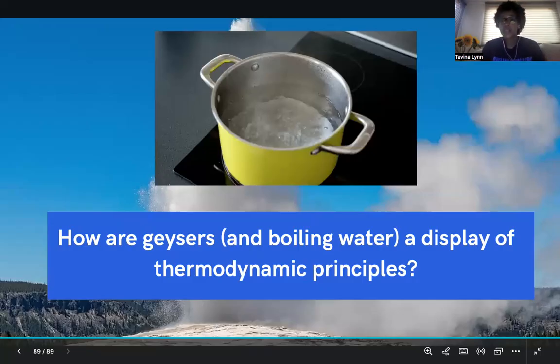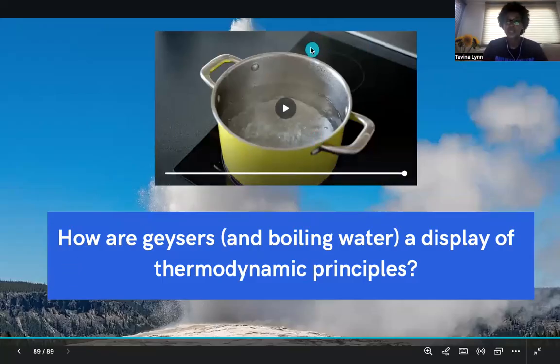These are examples of spontaneous processes. So this concludes our discussion on thermodynamics for now.